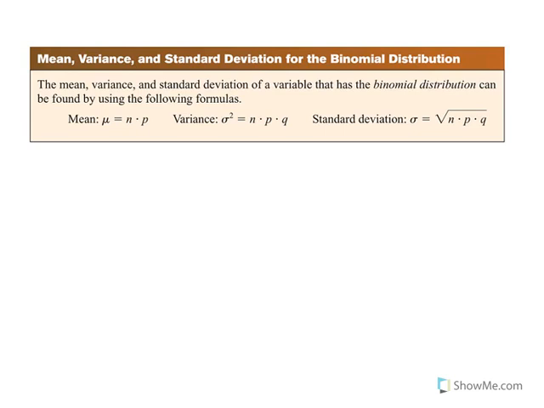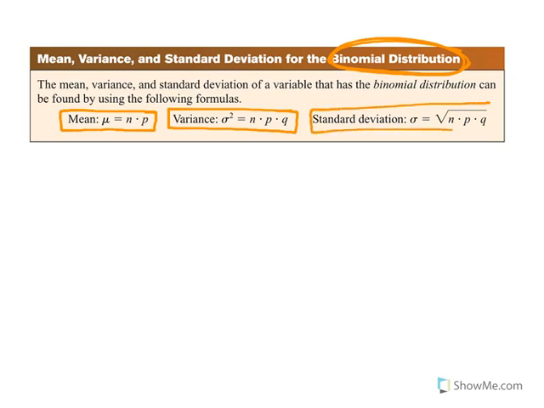Okay, so for a binomial distribution, look here, this is only when you have a binomial distribution. The mean, mu, is n times p, the variance, sigma square, is n times p times q, and the standard deviation is the square root of the variance. Let us change the colors again.